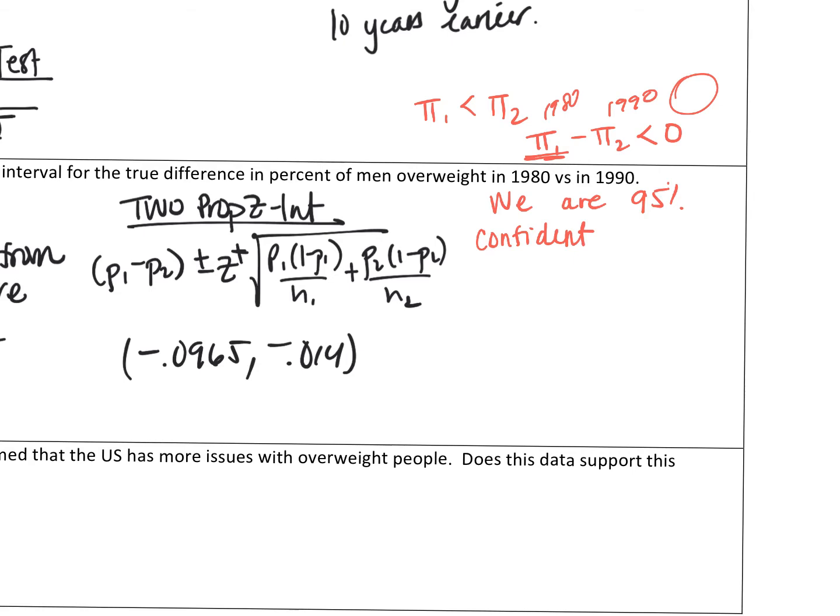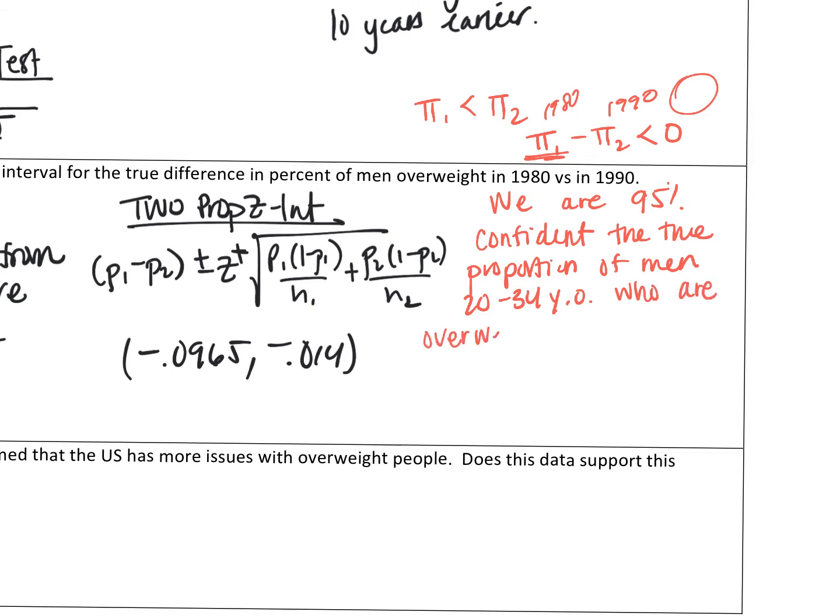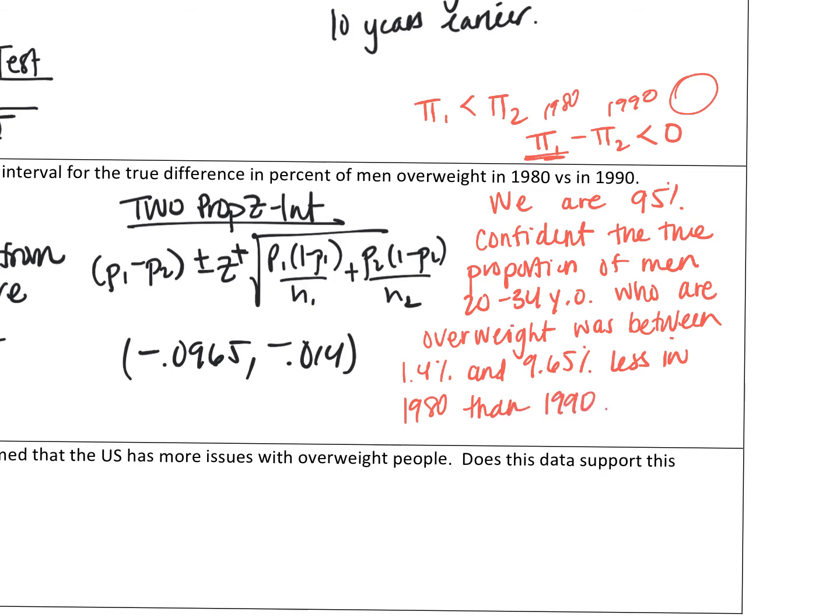So we are 95% confident the true proportion of men 20 to 34 years old who are overweight was between 1.4% and 9.65% less in 1980 than 1990.